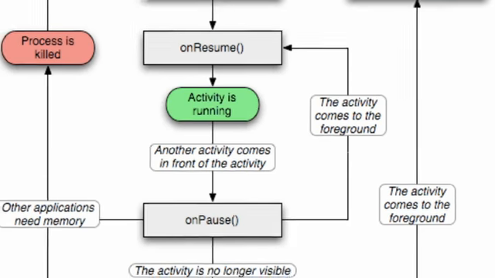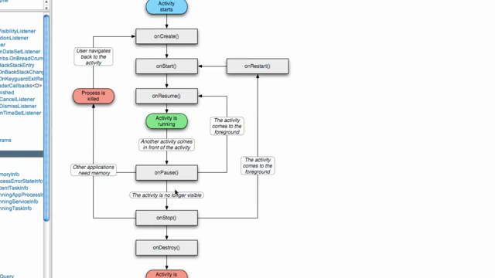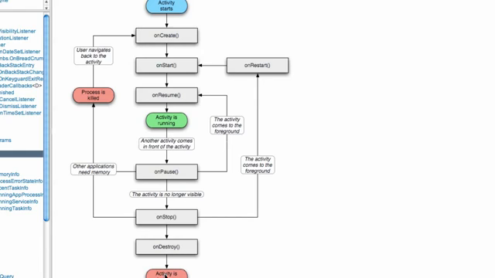So the only method from our activity class that we are familiar with is this onCreate method. But we're going to use some of these other methods as well. The only other two methods that are really important for the most part are this onPause method and this onResume method, because even if our activity gets destroyed, it's going to go through this onPause method before it goes through these other methods.